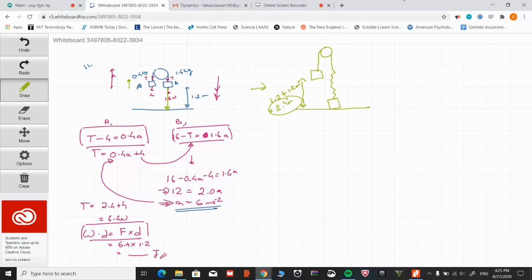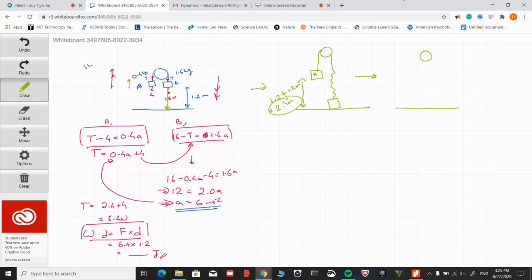Okay? So as much as this goes down, this goes up by the same amount. Now till that moment acceleration was 6 meters per second squared, but now gravity is going to take over and gravity will try its best to slow the lighter particle down and bring it to rest.